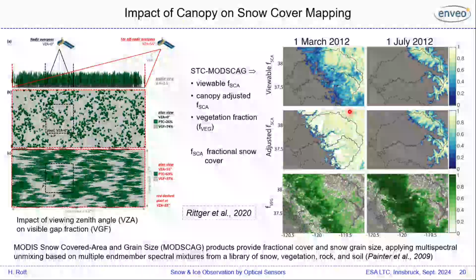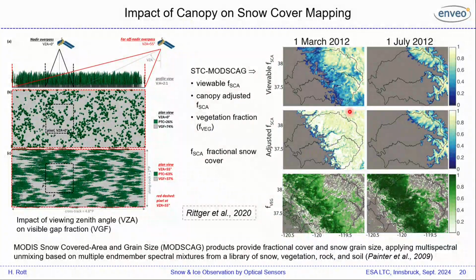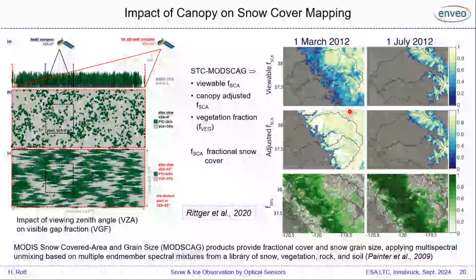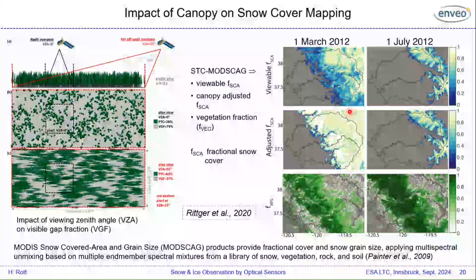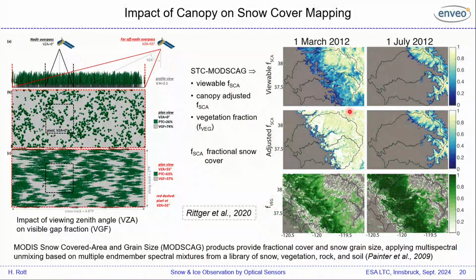Now, just finally, I will briefly address another issue which also makes it quite difficult. This is going to vegetated areas. If the forest is too dense, then you get snow if there's snow also on the trees. That's a so-called viewable fractional snow cover.